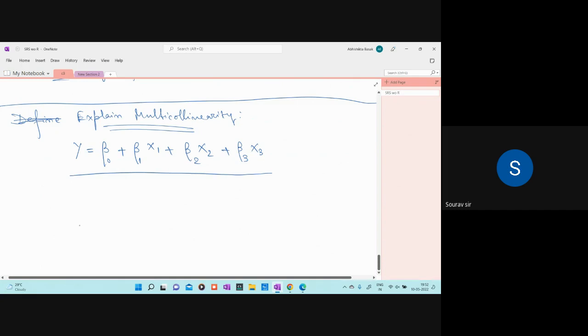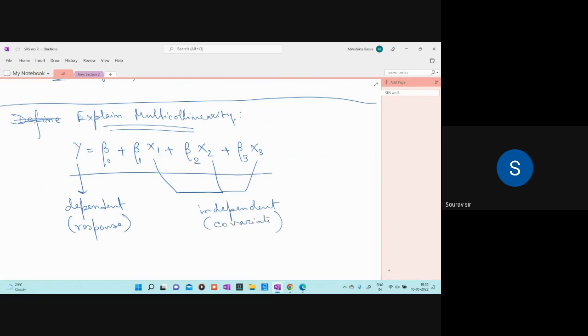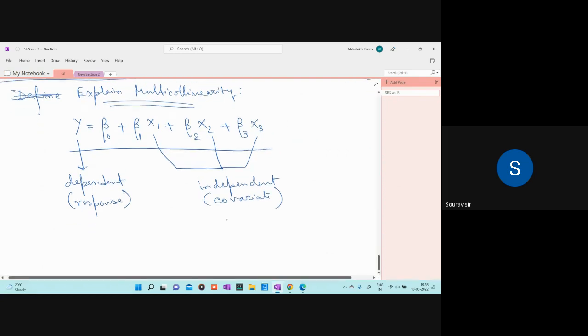As much as I have understood, you are trying to say that these three are my independent variables, and this is my dependent variable. We call the dependent one the response, and we call the independent ones covariates, right? So if you are saying my independent variables are related, what do you mean?